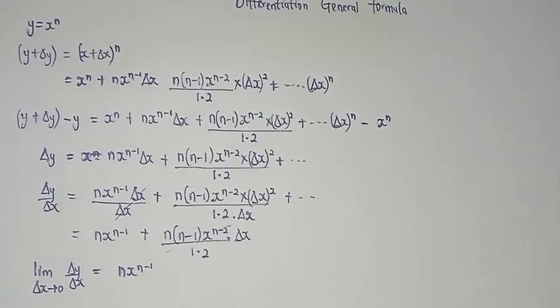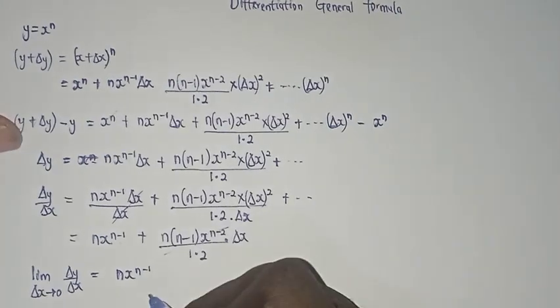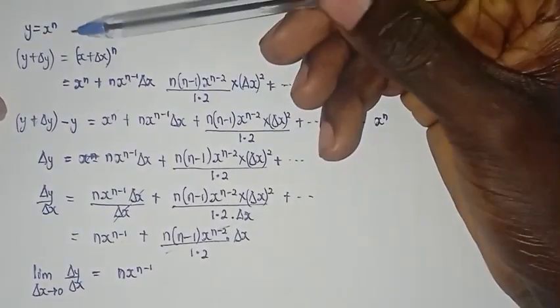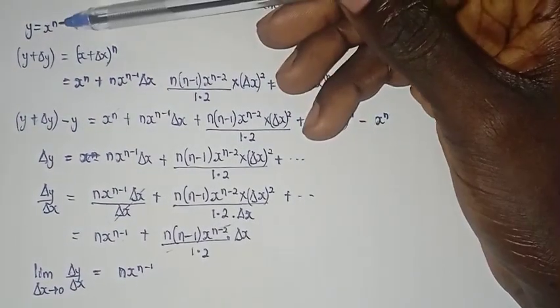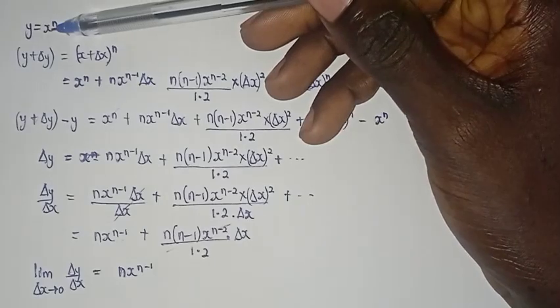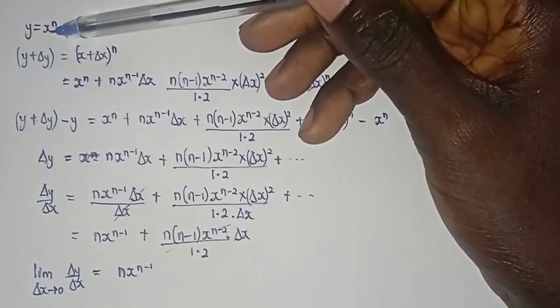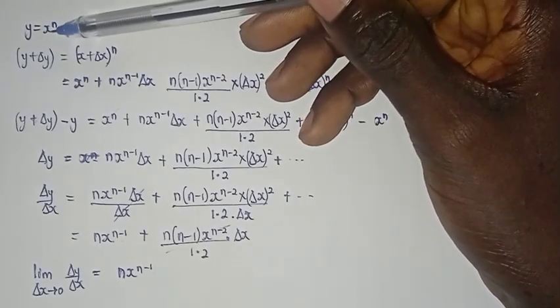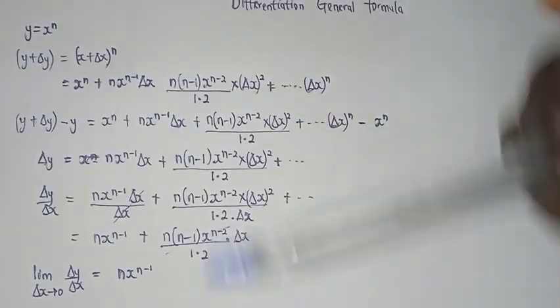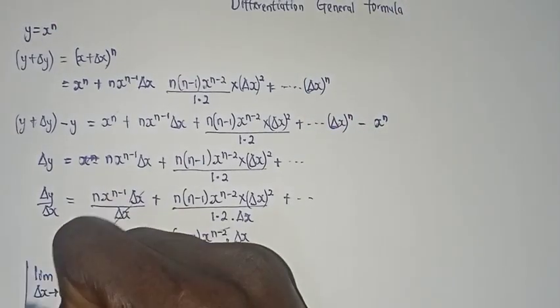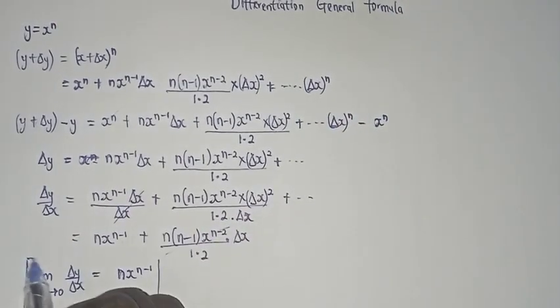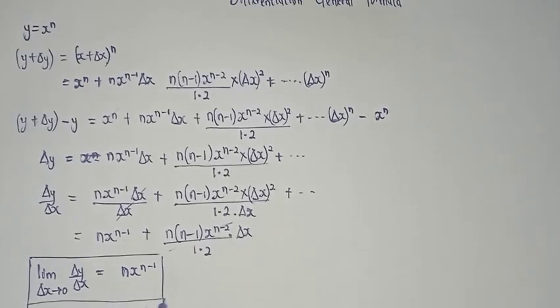So now we see that when we take the differentiation using the first principle approach of y equal to x power n, this is what we got as our answer, right?